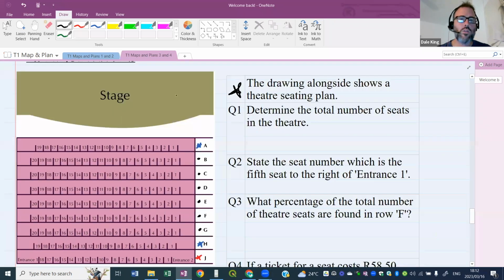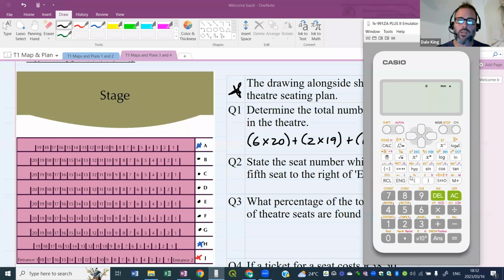So how does this look in terms of calculations? We can build one whole line of calculations here, and I'm going to use brackets. We've got 6 rows that have 20 seats, and I'm going to add that to 2 rows which have 19 seats, plus 1 row that has 18 seats. Now we get the calculator out.